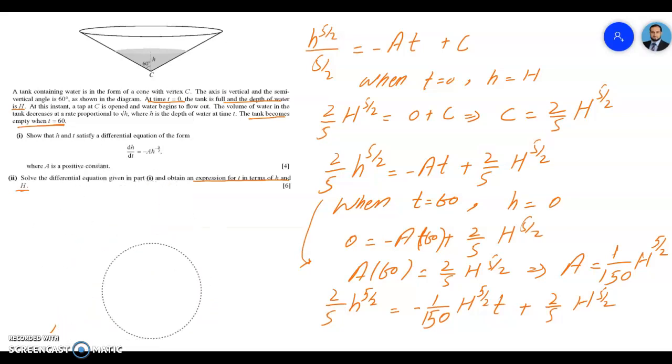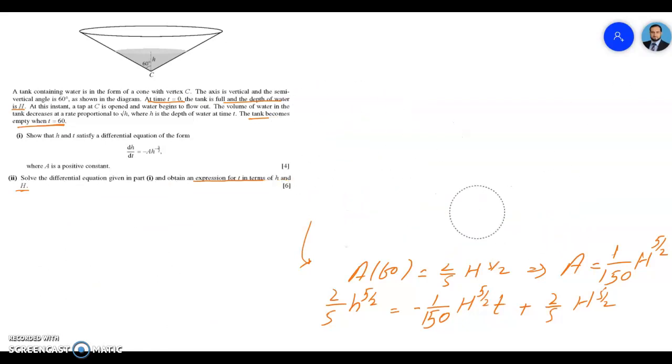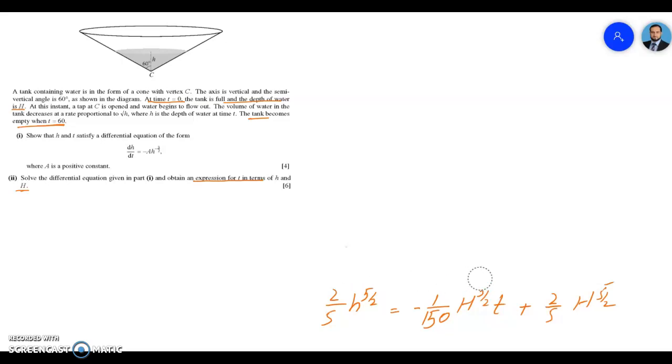So let's get some space here. Now from here we need to make t the subject. I'll bring this to the other side and this to the other side.